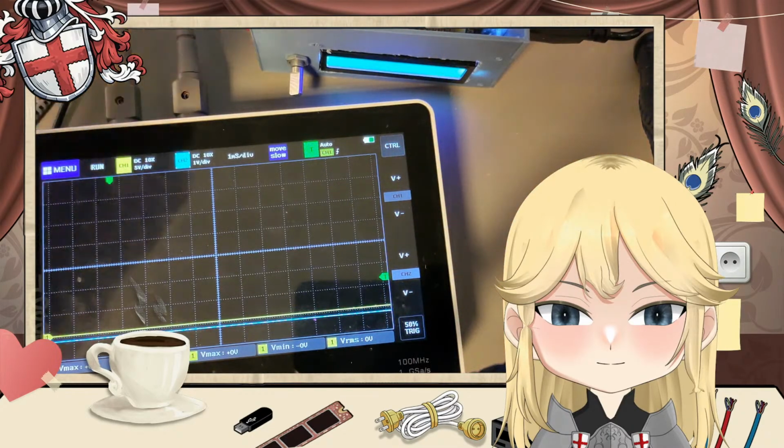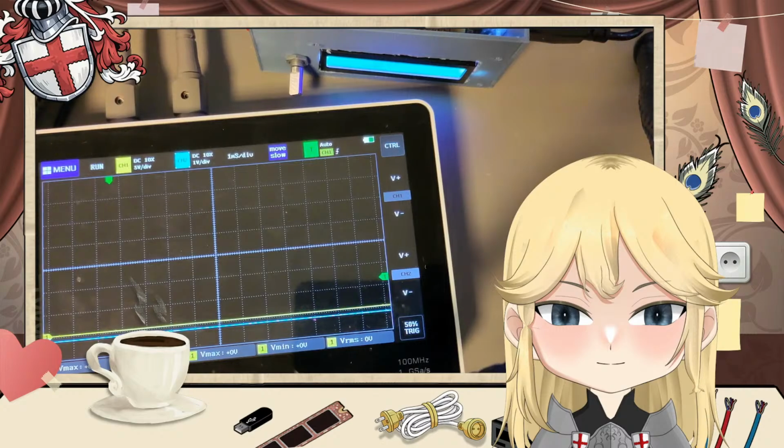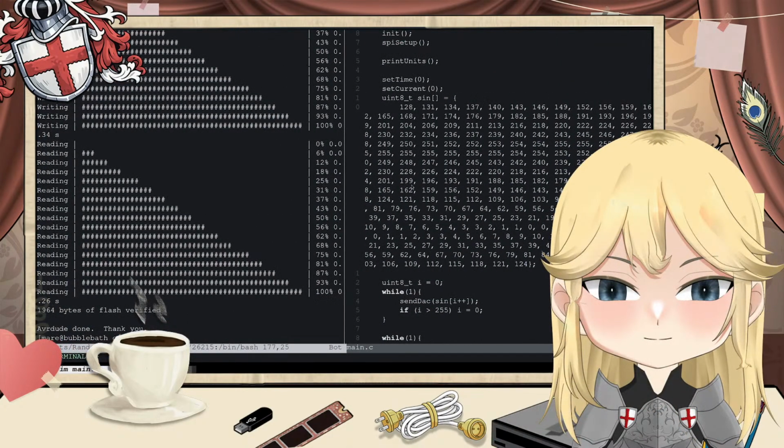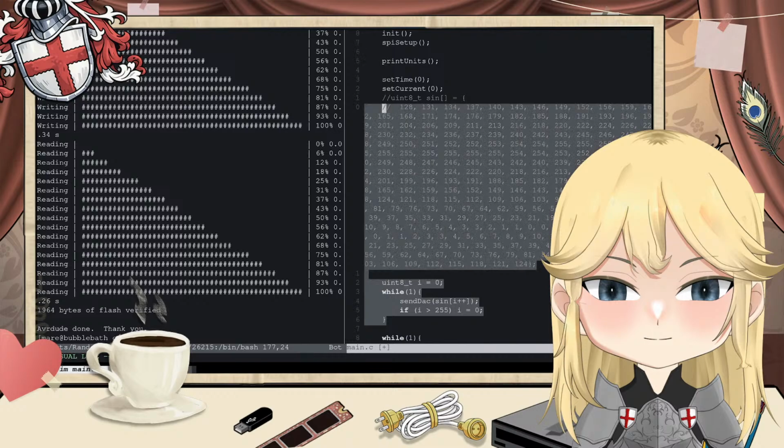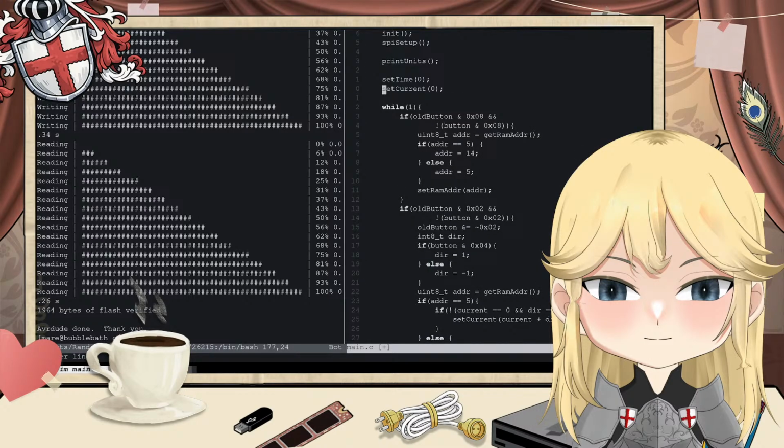So yeah, that's interesting. Let's see, maybe if we ignore the sine wave values. You know what, let's delete all of that. Kind of unnecessary.